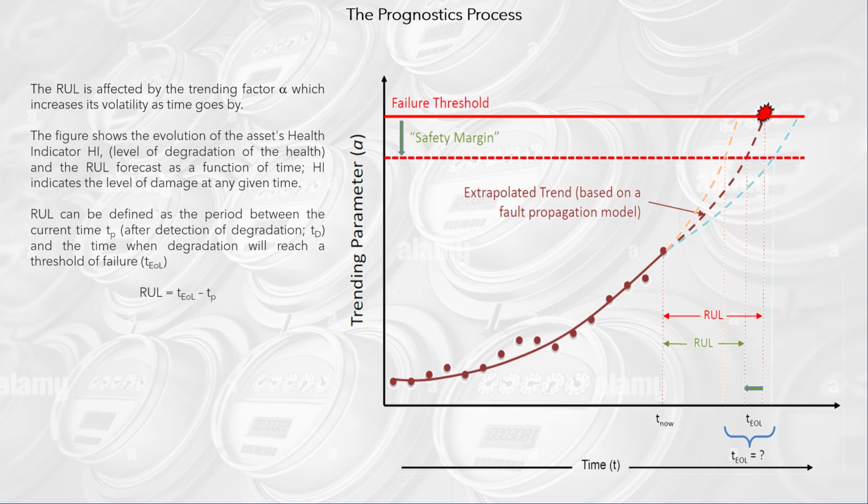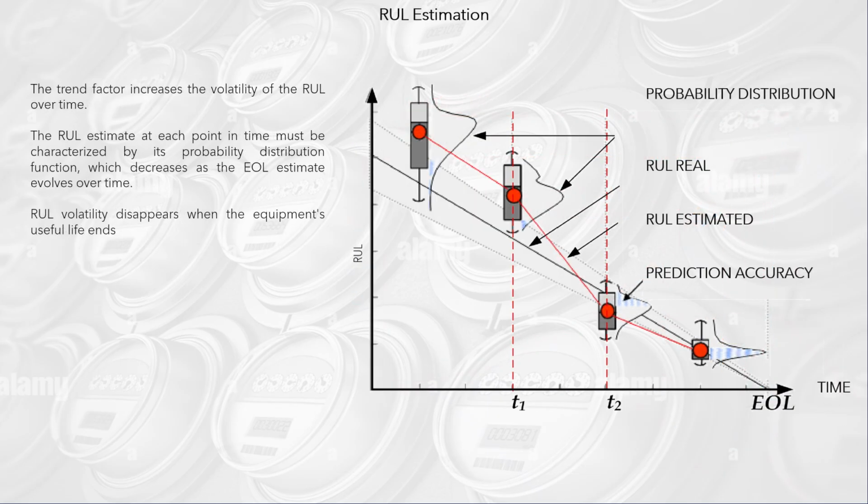The figure shows the evolution of the asset's health indicator, HI, and the RUL forecast. As a function of time, HI indicates the level of damage at any given time. RUL can be defined as the period between the current time and the time when degradation will reach a threshold of failure. The trend factor increases the volatility of the RUL over time.